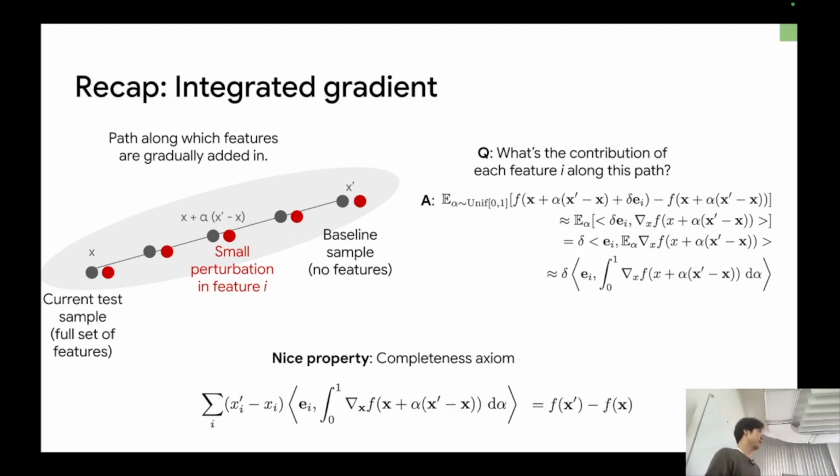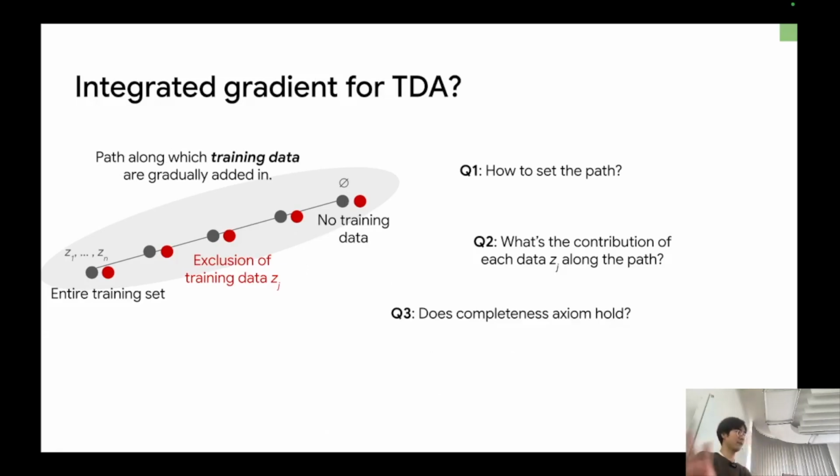Good. So can we build some kind of analogy to training data attribution? I try to make everything quite similar here. We have, on the one hand, no training data, and on the other hand, the entire training set. There's some path between the two, whatever that is. And along the path, we're going to take a look at the impact of including or excluding a training data point Zj. This path is characterized by adding training data gradually one by one.